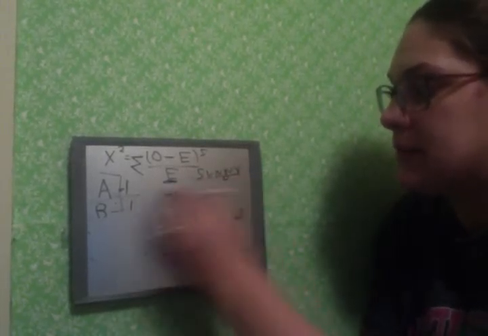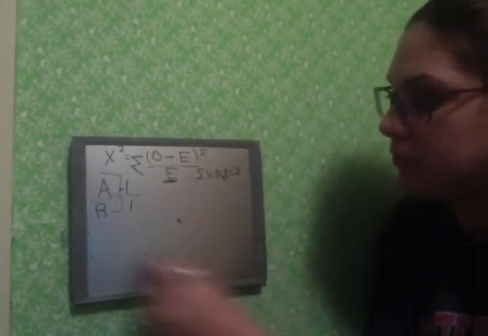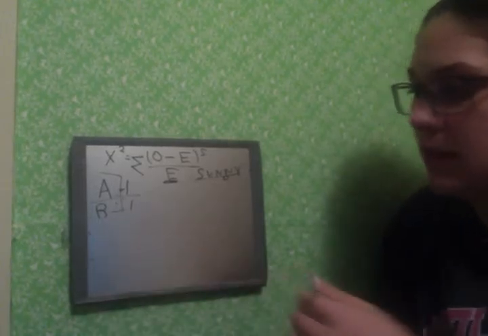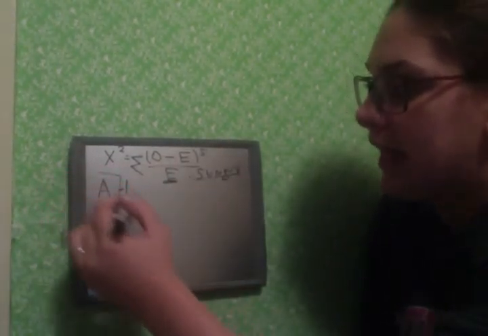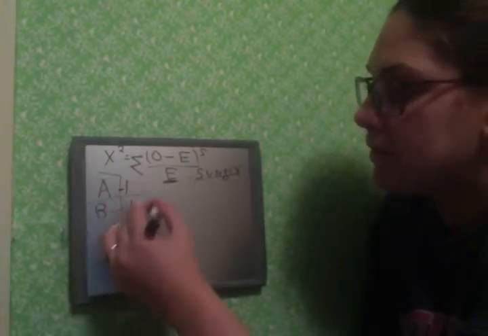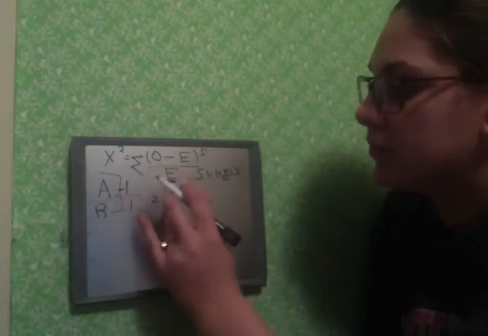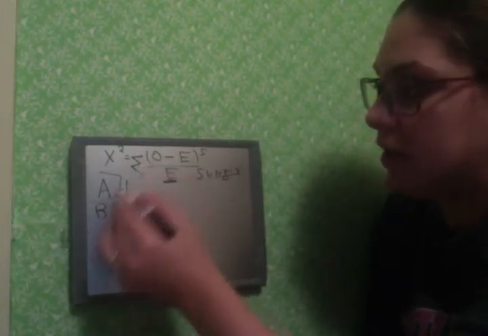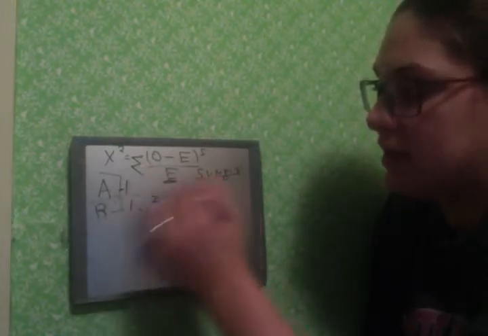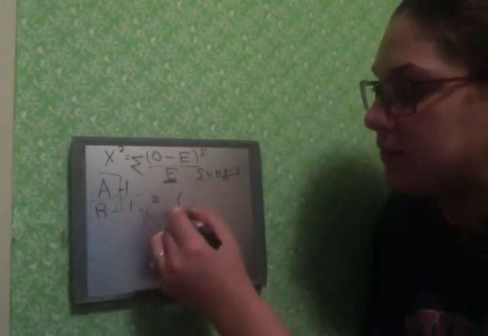So let's just make up some numbers to make this easy to see as far as the chi-squared goes. For chi-squared, we're going to have the summation of A for sunny and B for sunny.